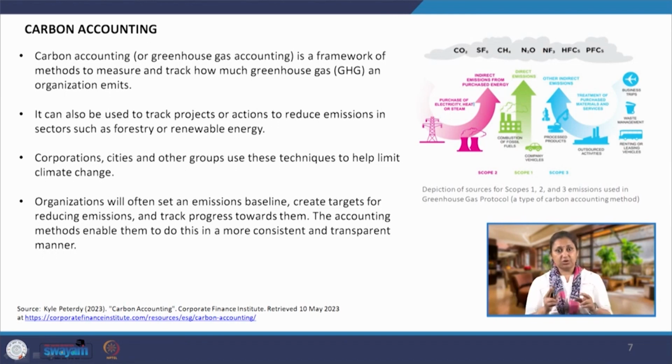That is one. Two, when we are occupying this particular building which is made of thick mud walls, what kind of indoor environment is there? How much energy do I consume when I have to maintain a comfortable environment inside is also a part of it. So, it is embodied as well as operational energy.